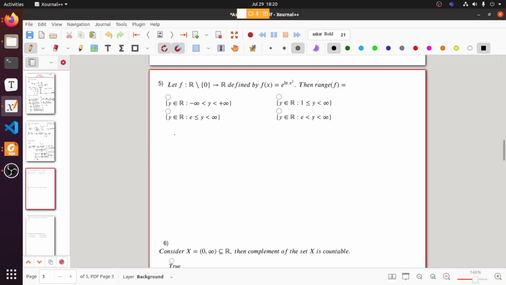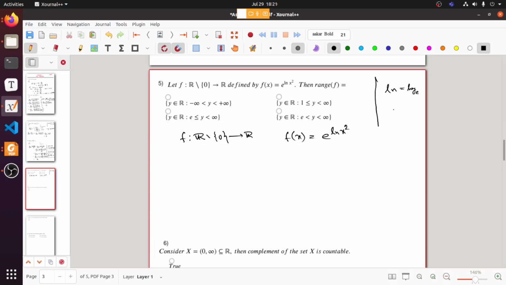It's given that f is a function from R minus 0 to R, and f is e to the power ln of x square. You know the ln and log, right? Ln means the base is e, when you write log base e. Log generally has base 10, and then you write it as log.